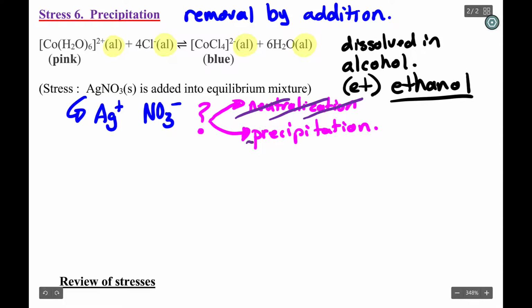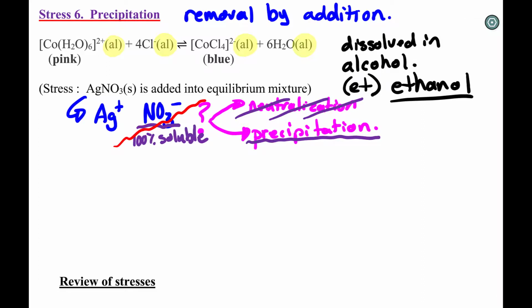So I'm left with the idea of precipitation. Let's ask ourselves, is nitrate soluble with anything or insoluble with anything? And the answer is no. This is 100% soluble with everything. I'm going to remove this from the idea that it's part of a precipitation because it cannot precipitate anything out.